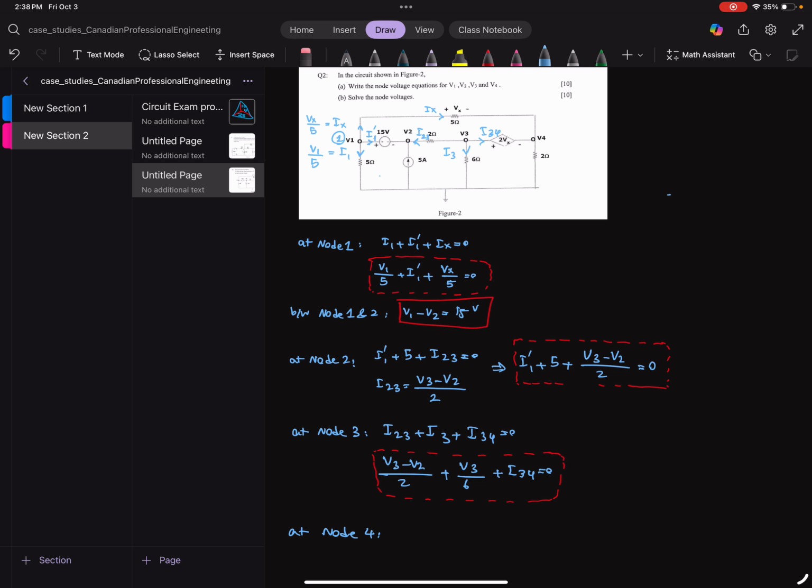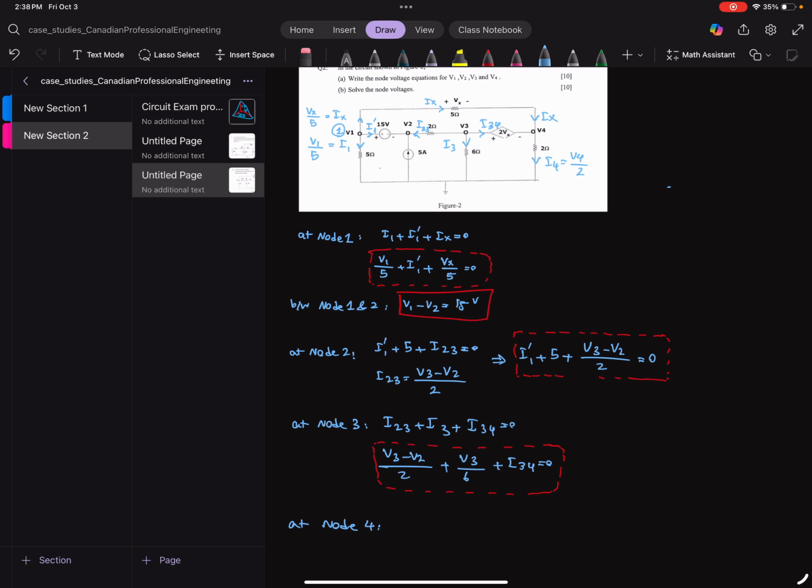Node 4, we have IX coming here. Remember, this is the same one. I34 is coming in, and then I'm going to call this I4, which is V4 over 2, and now you would see the difference. Compared to node 4, I'm going to call the ones that are coming toward the node positive. So this is IX plus I34.